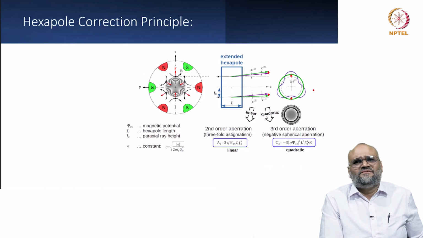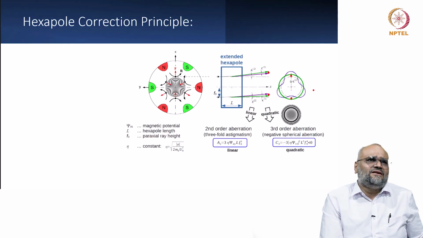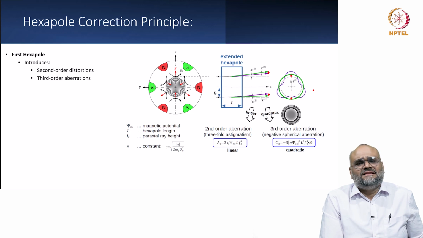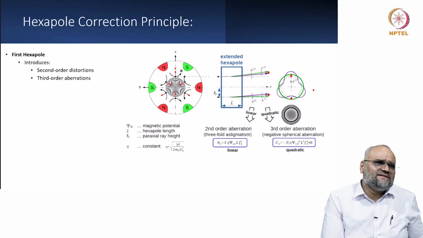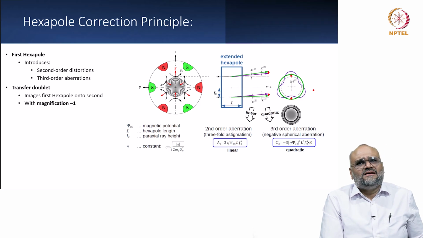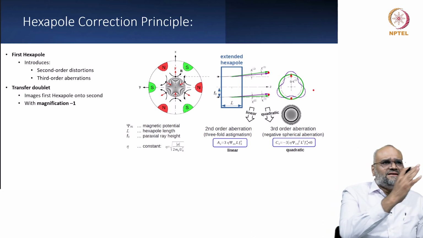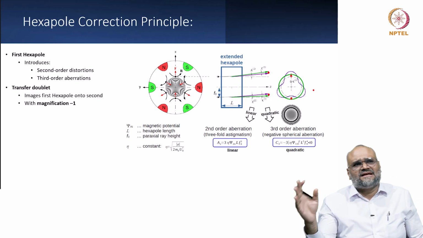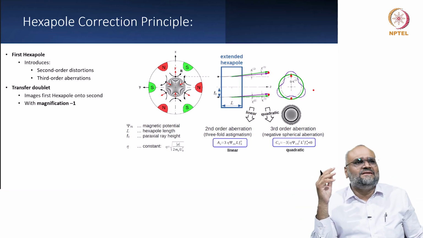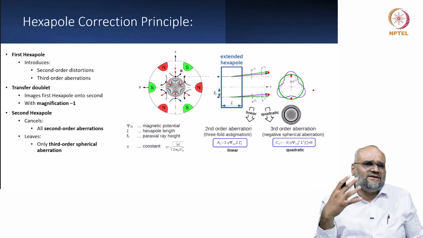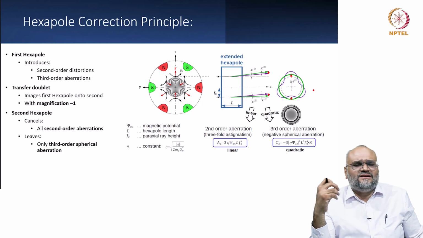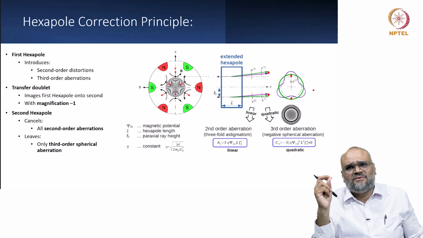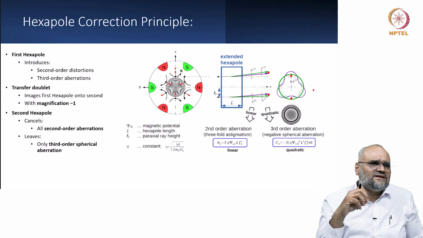Just briefly refreshing your memory on hexapole correction, there is a combination of two hexapoles with two transfer doublets in between. The hexapole initially introduces second order and third order distortions and aberrations, and the transfer doublet images the first hexapole onto the second with a magnification of -1, and the second hexapole cancels out the second order aberrations, and you are left with only the third order spherical aberration, and this is in a negative value.